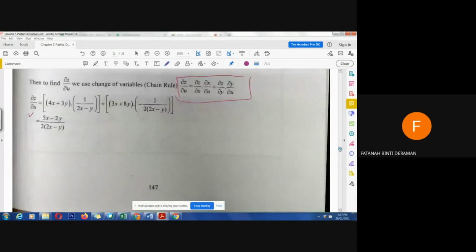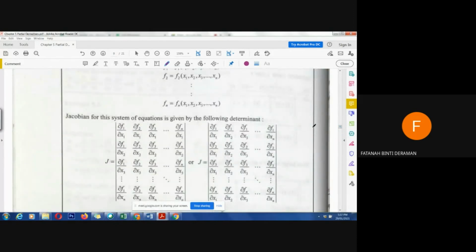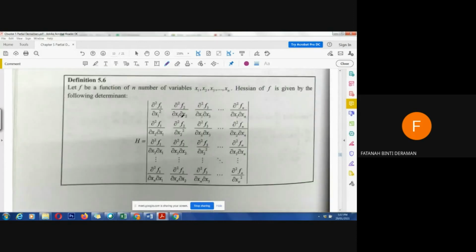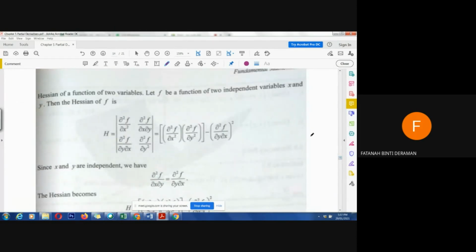In the Jacobian, we have a first order, only one derivative. The Hessian is a second derivative, obtained by the same method as the Jacobian. So if we get this, we get this thing for H.